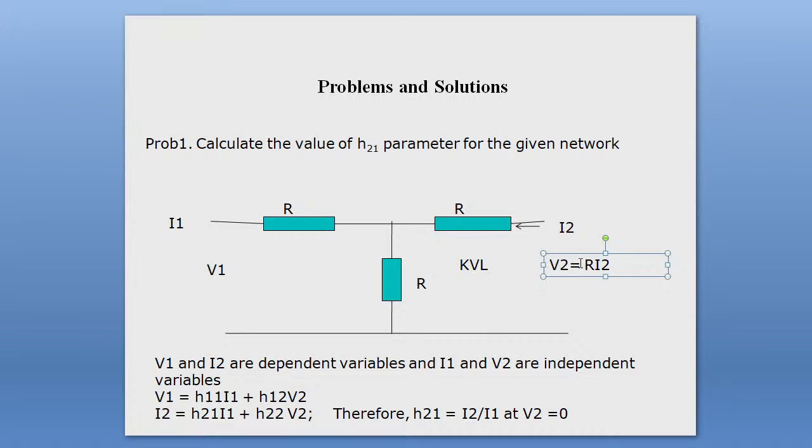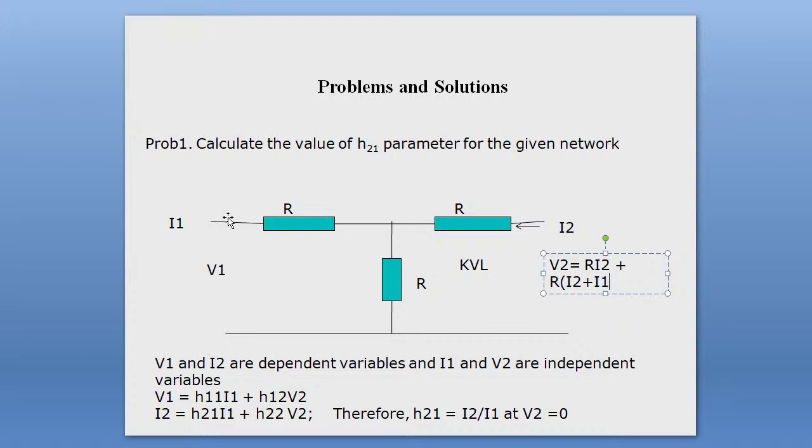The supply voltage is V2, so V2 equals the voltage drop across this resistance plus the voltage drop across that resistance, the middle one. So we can write R I2 plus R, this R. What will be the current through this resistance? I2 plus I1.